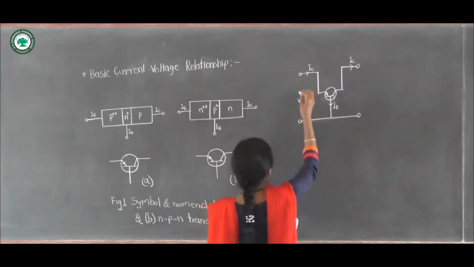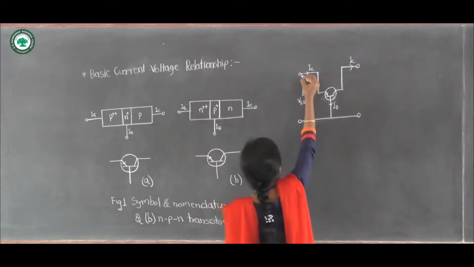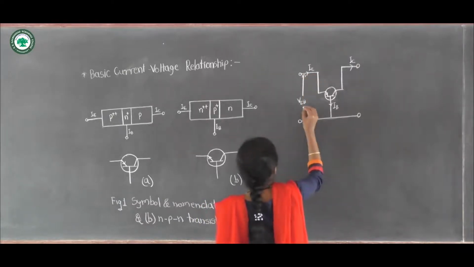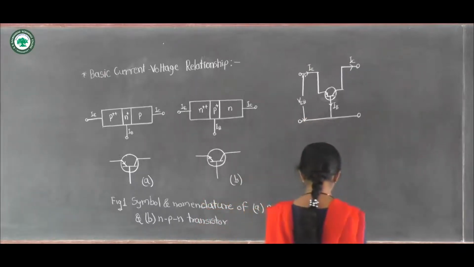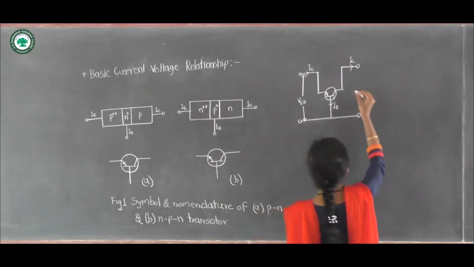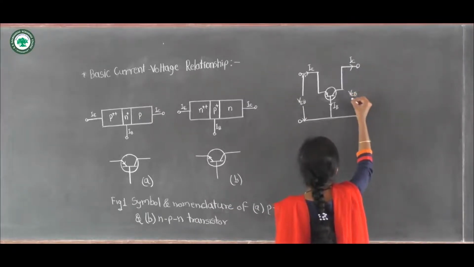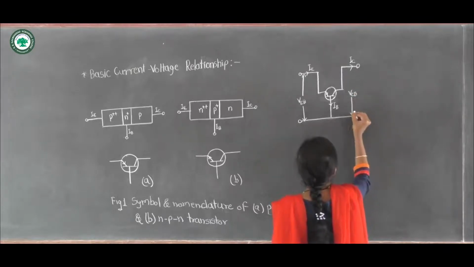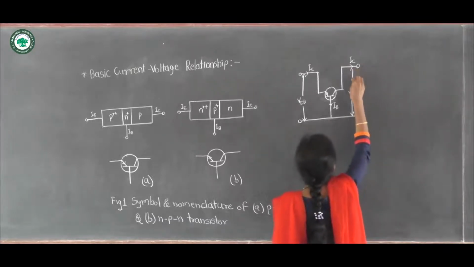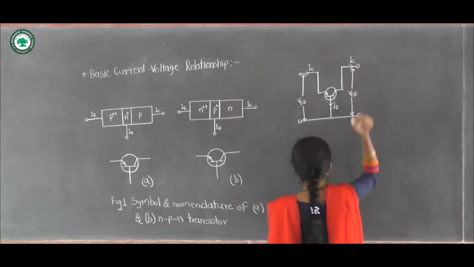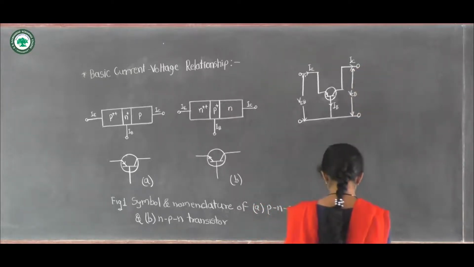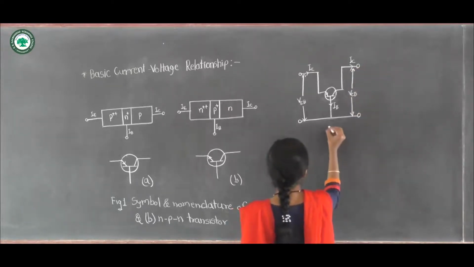The potential difference between these two terminals, emitter and base, is VEB, and the potential difference between collector terminal and base terminal is denoted as VCB. So this is figure A.